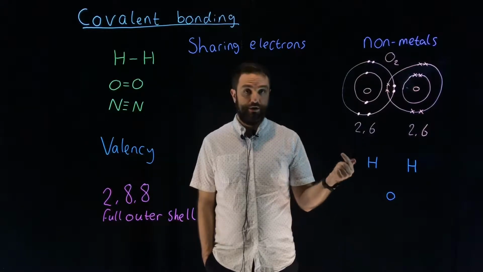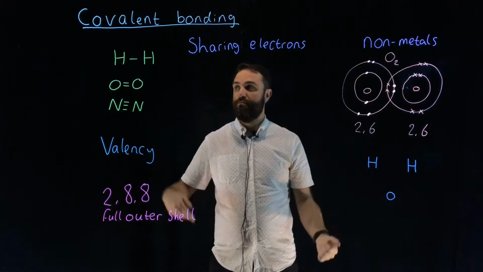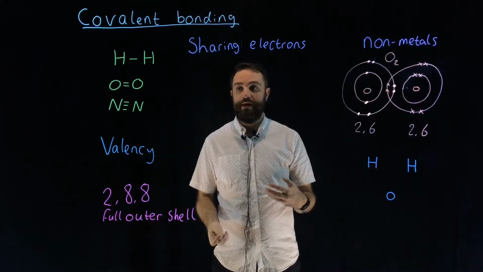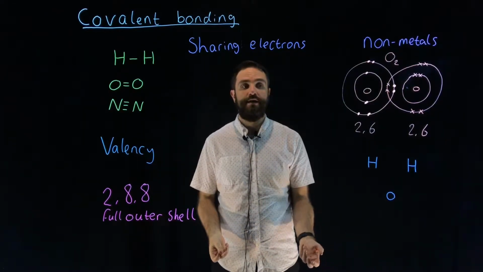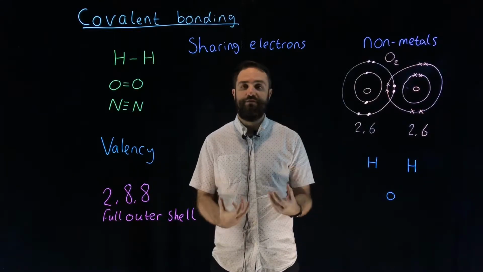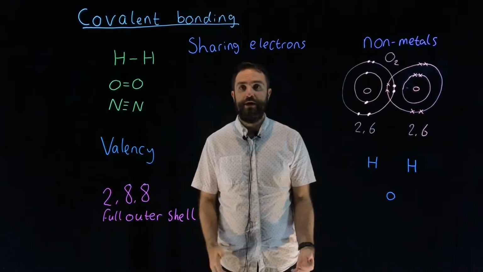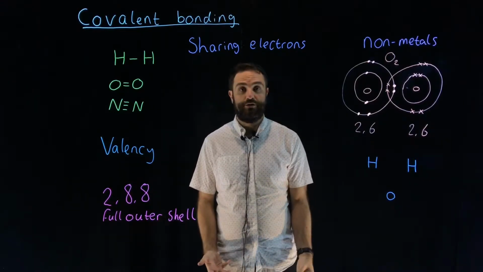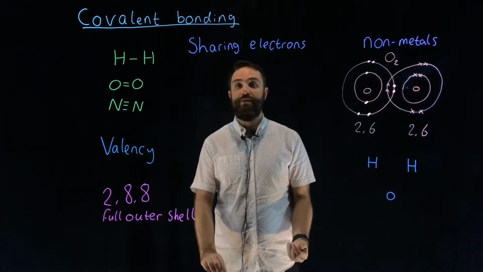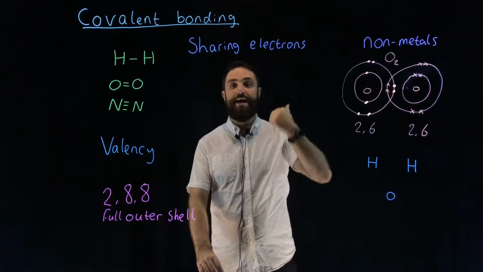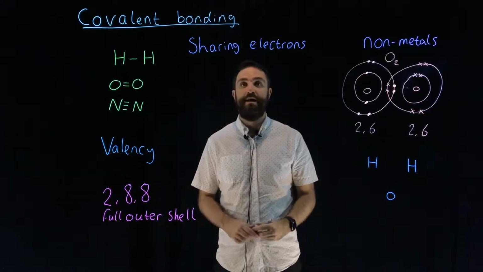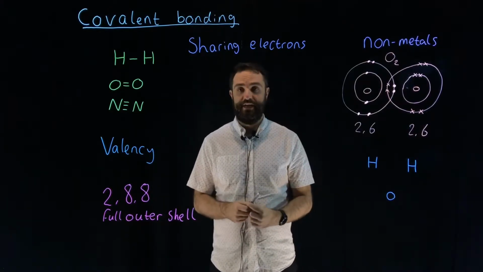If they're reacting with another non-metal, for example, hydrogen with hydrogen, oxygen with oxygen, or carbon with oxygen to make carbon dioxide, they have nowhere to get those electrons from. There are no metal ions present that will give up their electrons. So instead, what they have to do is share their electrons. And a covalent bond is very simply a shared pair of electrons.